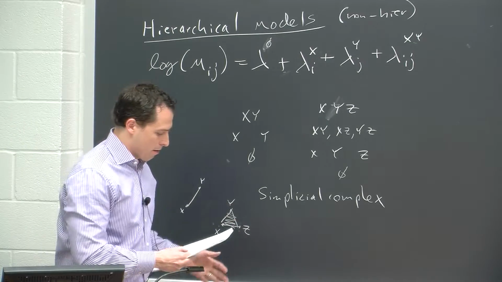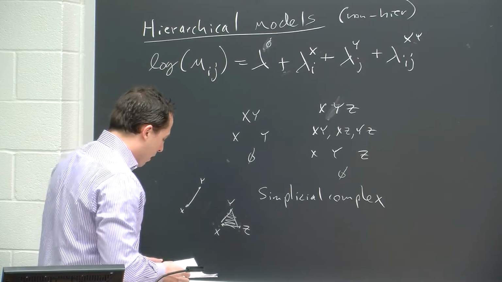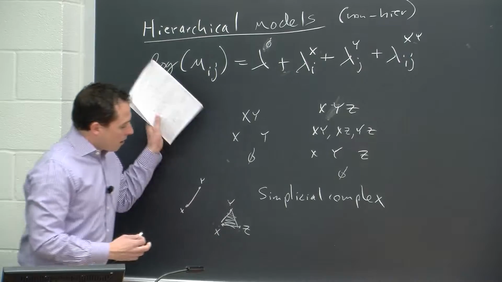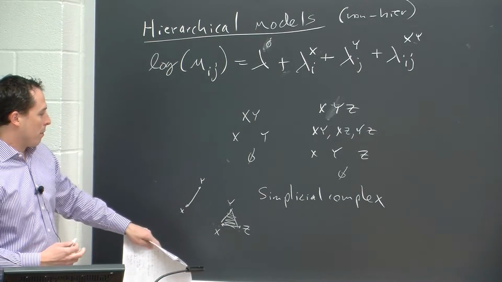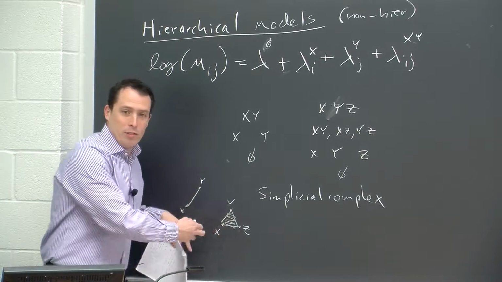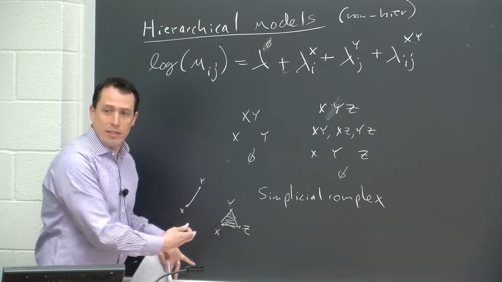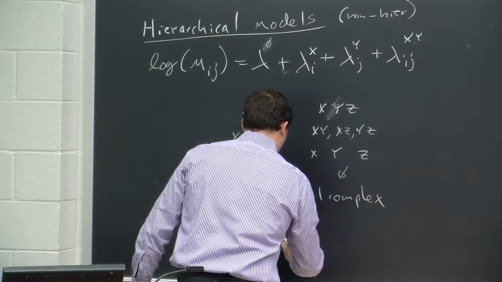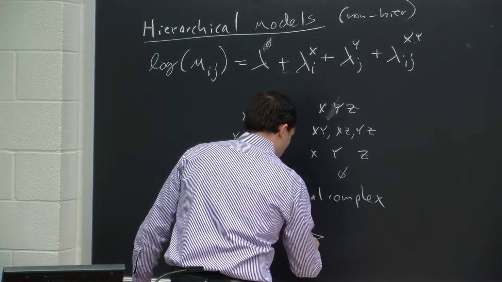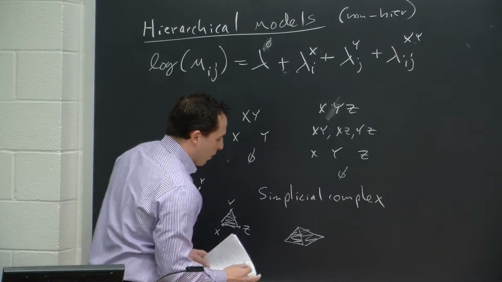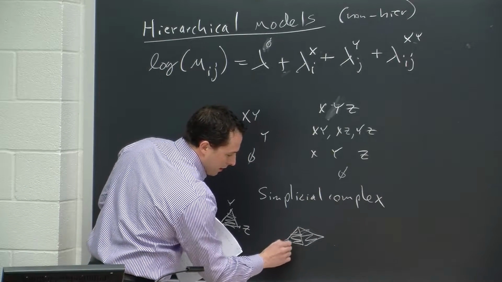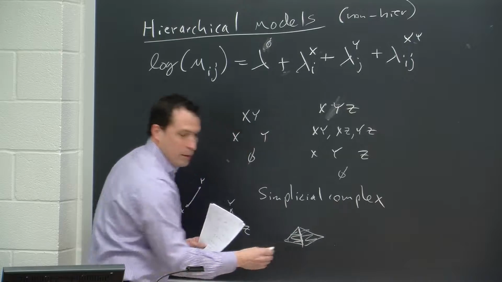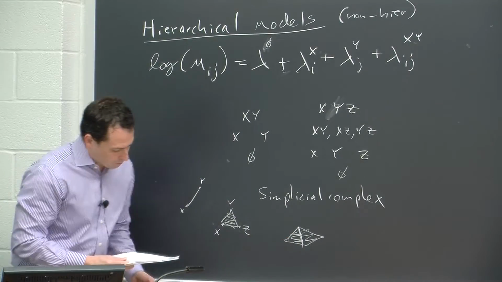That's the picture of what's happening. A hierarchical model will be a simplicial complex, which is a bunch of these simplices glued together at intersections, and we want to include all of the faces of each of these simplices, including the face at which they're joined.